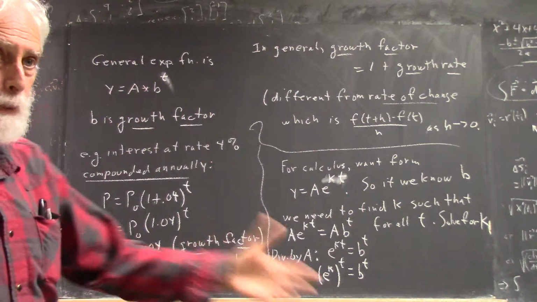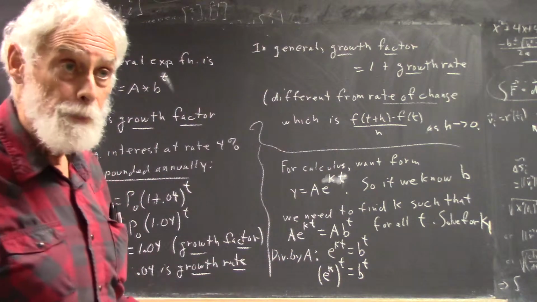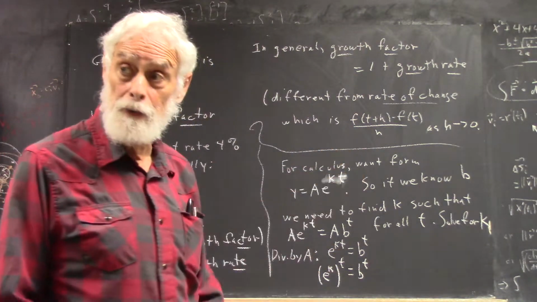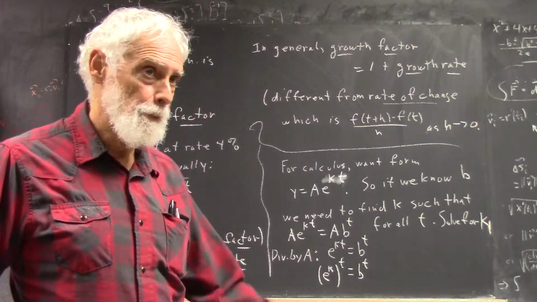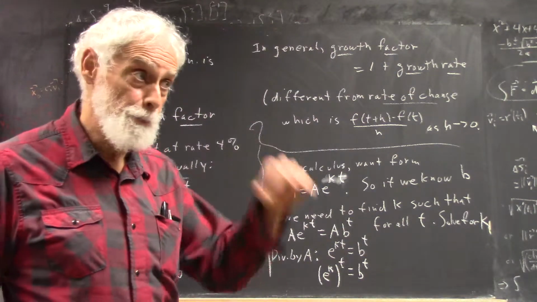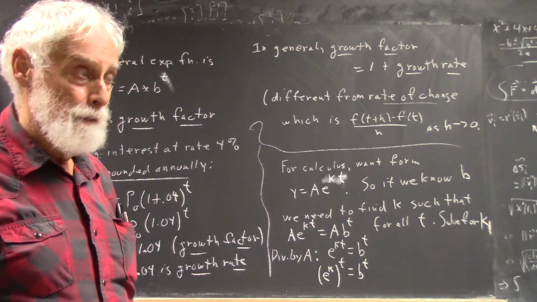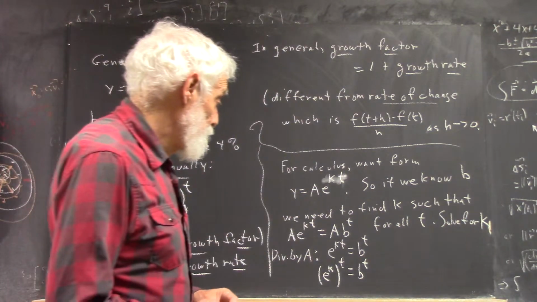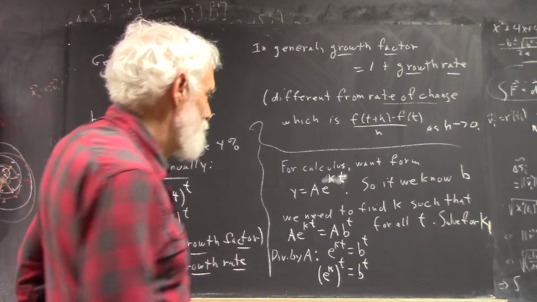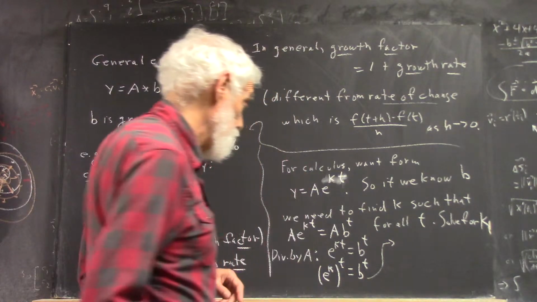And that should equal b raised to the t power, right? E to the kt, by the laws of exponents, is the same as e to the k raised to the t. And as I've been nagging you from the beginning of the semester, you've got to really know the laws of exponents and the rules for logarithms backwards and forwards. You're doing pretty good with the laws of exponents, but I'm not sure everybody's at 100% with that, so make sure you are when you get to the final.